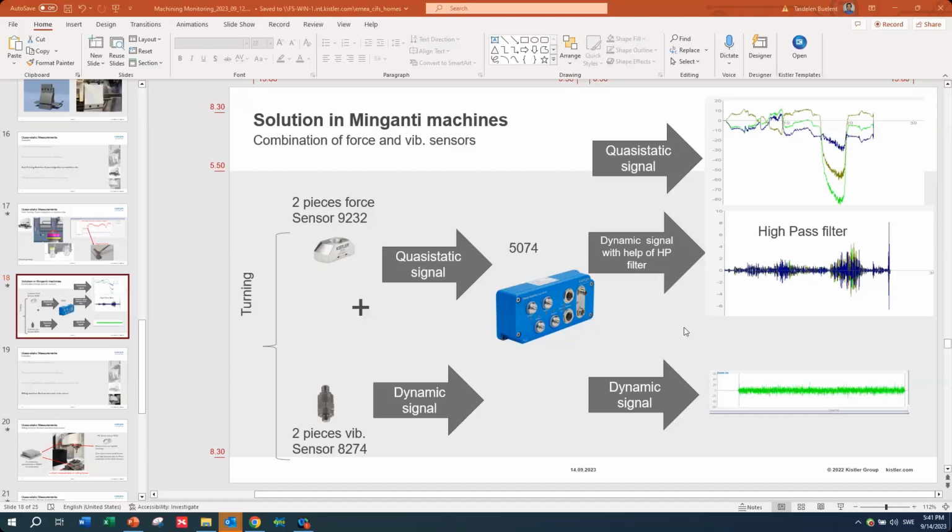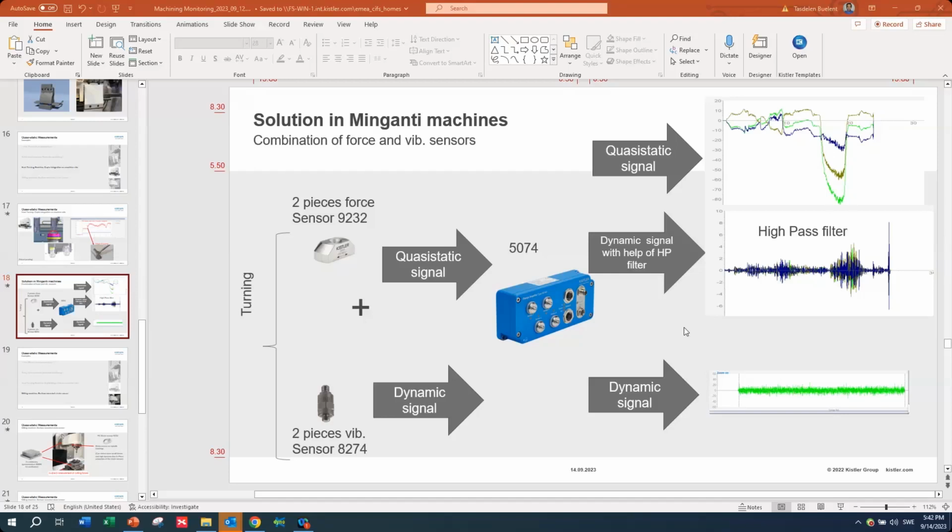For instance, in turning application, right? But maybe this will not be the best case if you're talking about high-speed milling, right? That's also correct. So it really depends what kind of operation and what you are up to. There are certain cases, like we are doing with Miganti and Siemens by utilizing our 5074 and 9232, and that is more than enough to capture the tool breakage and tool wear.